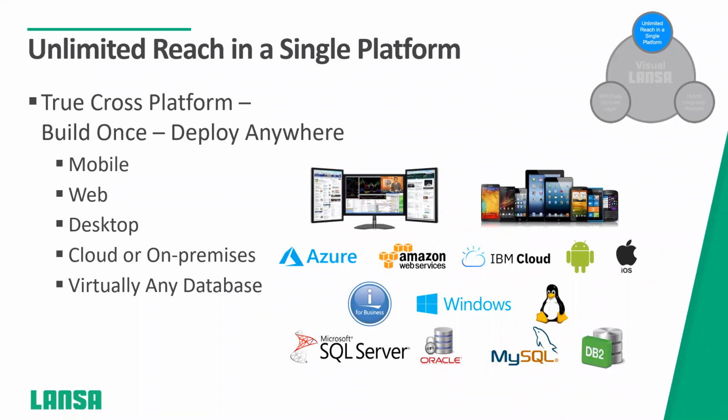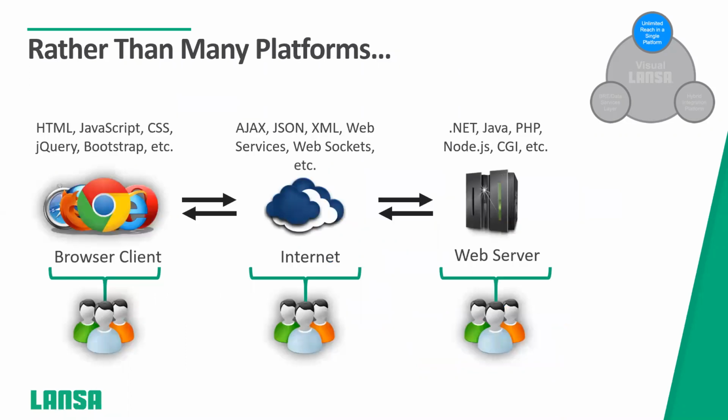And migration from on-premise to cloud is something that a lot of organizations are looking at, and something that this low-code platform can really help make easy to do. And of course, running against virtually any database at the back end is important. That can be different depending on the different deployment platform that you intend to run against. Next slide.